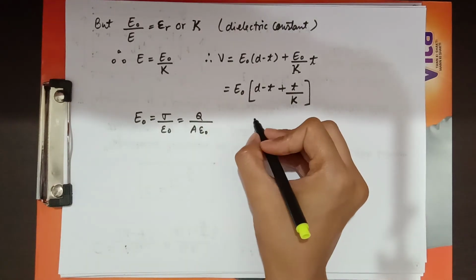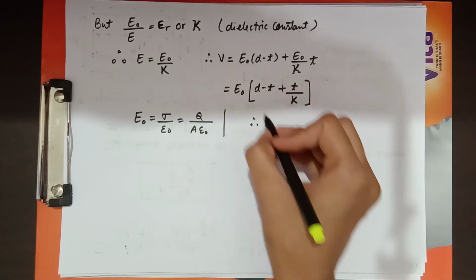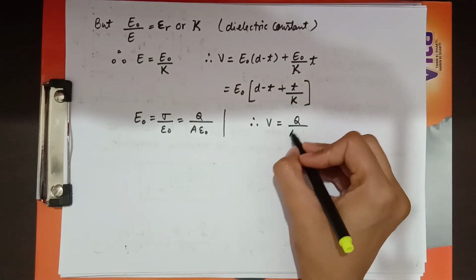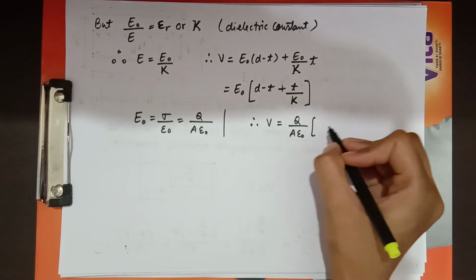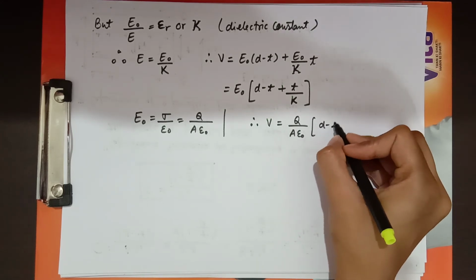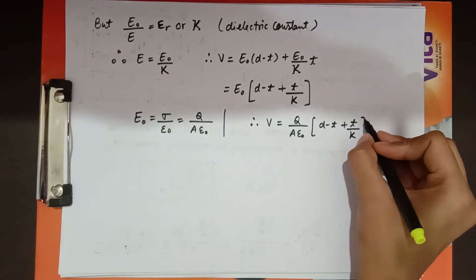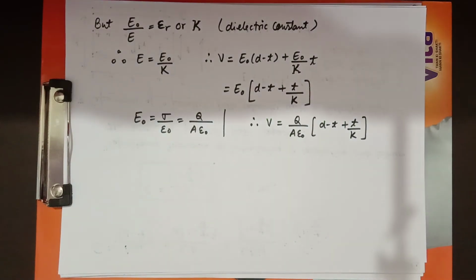So the potential difference between the plates will take the form Q divided by A epsilon naught, into (D minus T plus T divided by K), where K is the dielectric constant.